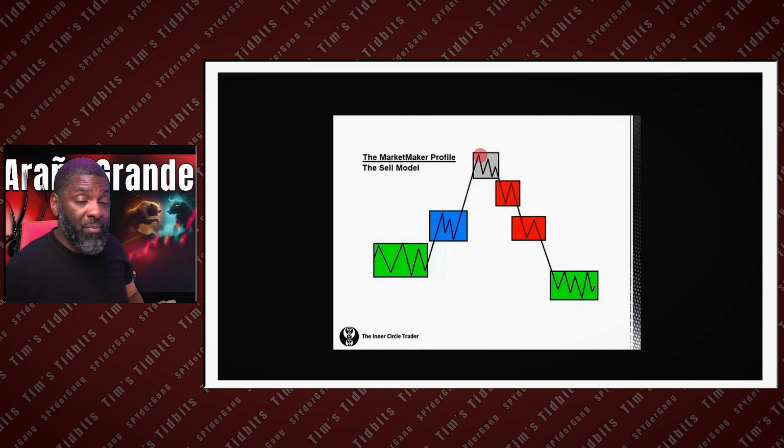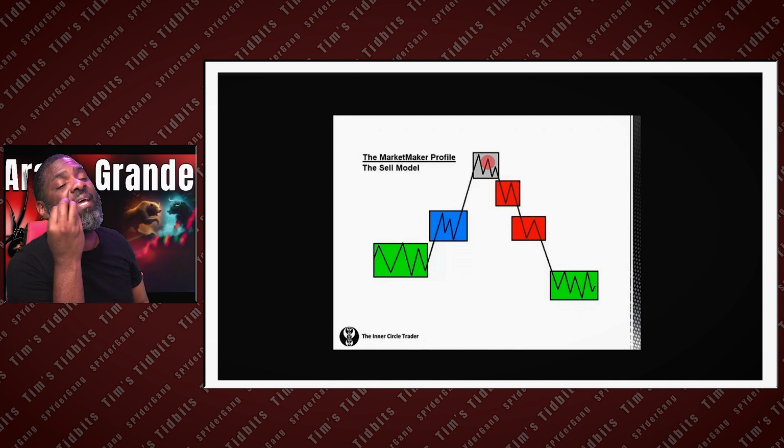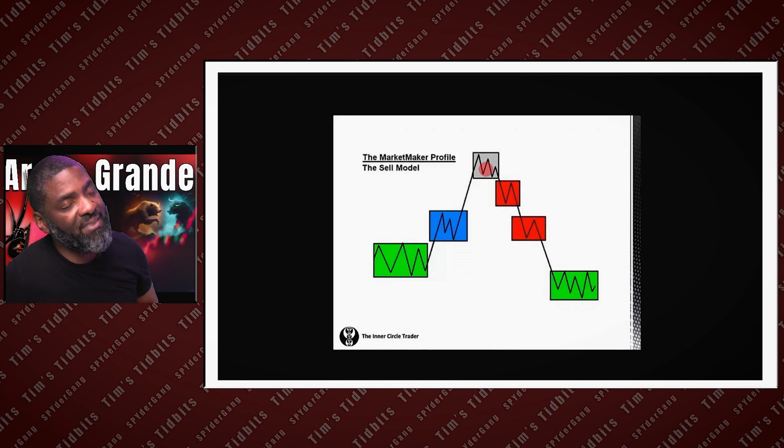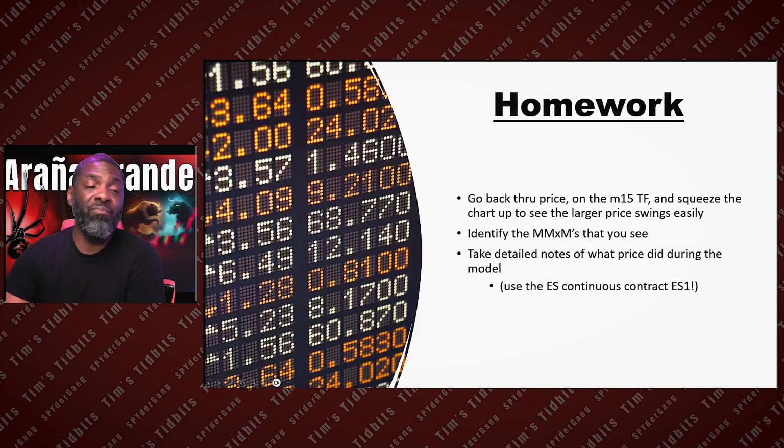In the case of a market maker sell model, the smart money reversal will be a level, a price, an area, if you will, that's anticipated to provide significant resistance. And once you hit this area of significant resistance, then you would look for the market to reverse and go into your first, second, or however many stages of redistribution, coming back down to attack the sell side below the initial consolidation.